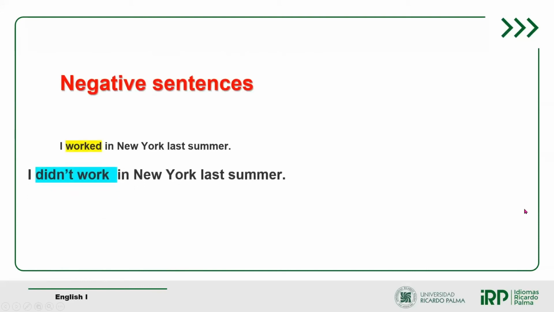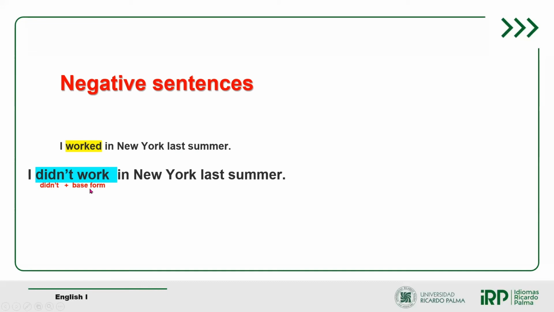In order to make negative sentences, we are going to work with the auxiliary didn't. So look at this. We have, I worked in New York last summer. In a negative form, it's going to be, I didn't work in New York last summer. I'm using the auxiliary didn't plus my verb in its base form.